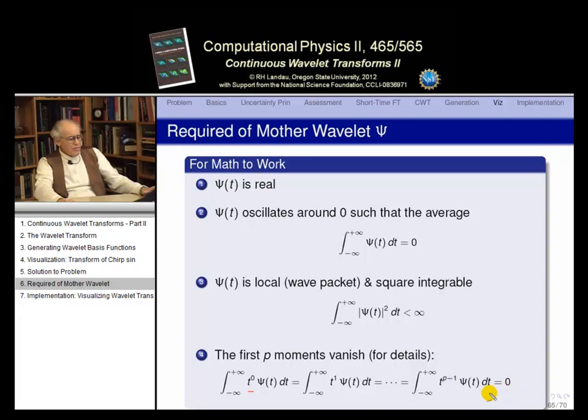So recall, the integration of the wavelet by itself vanishes, it oscillates, and this says that if you make a polynomial, for a small value of p, all those moments must vanish too. Okay? So they're all quite oscillatory, they vanish over time.